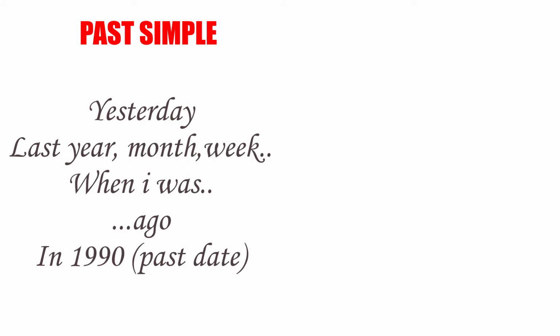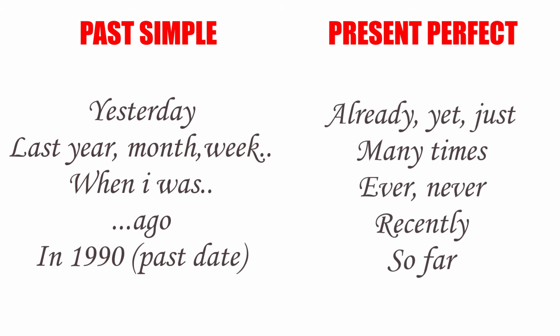When you see words like already, before, yet, many times, a few times, you know that they're looking for the present perfect. So keep this in mind next time you have an English test, okay?